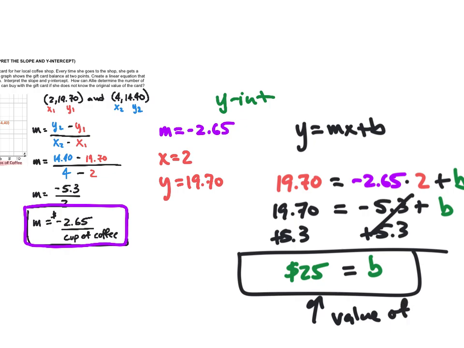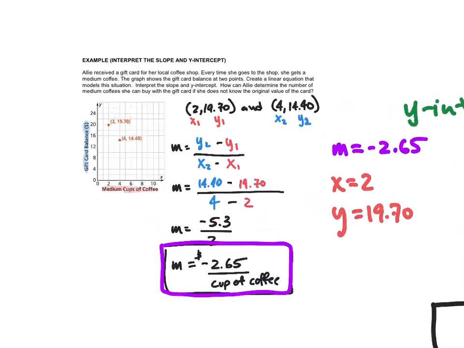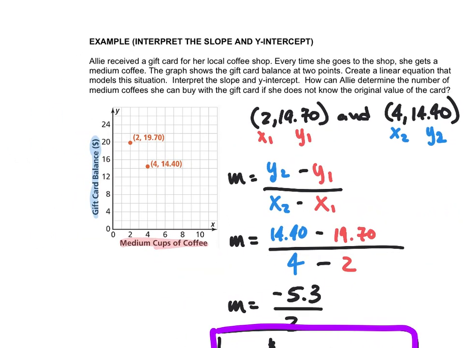The reason I know that is, if you plot this point at (0, 25), what that means is that you've bought 0 cups of coffee and the gift card balance is $25.